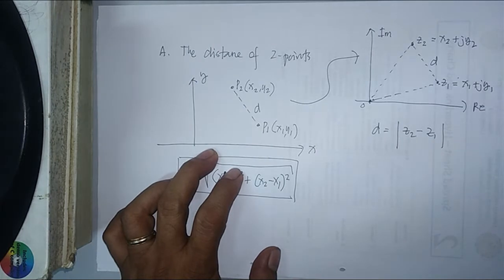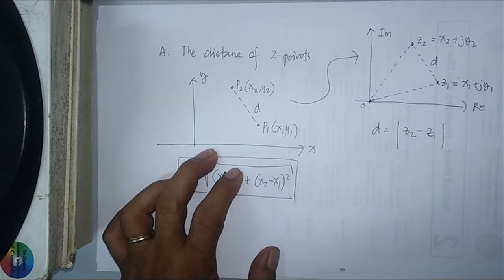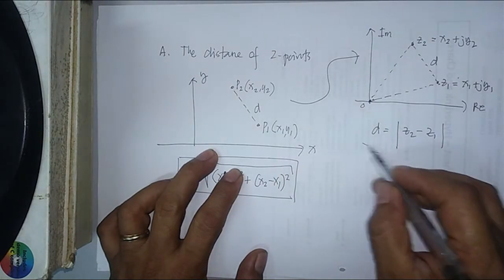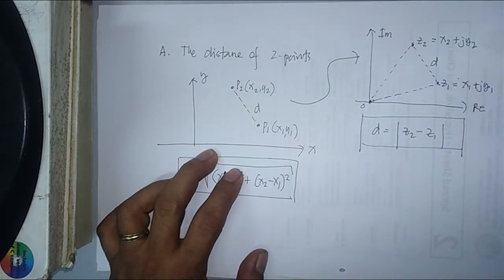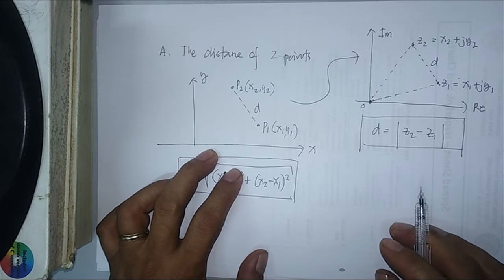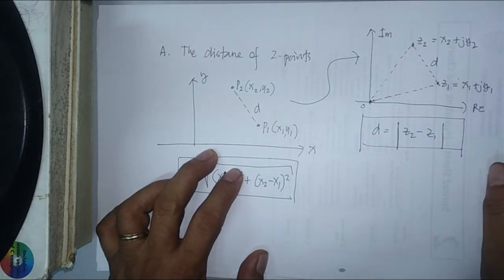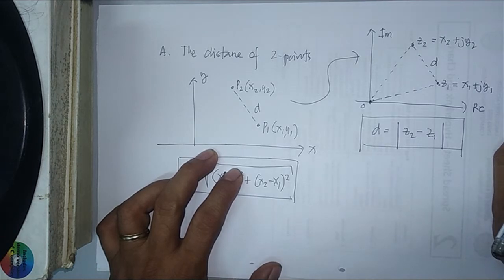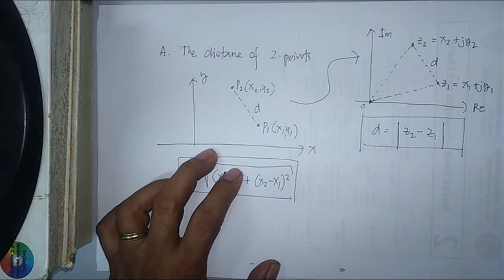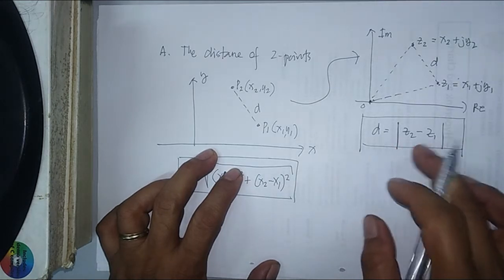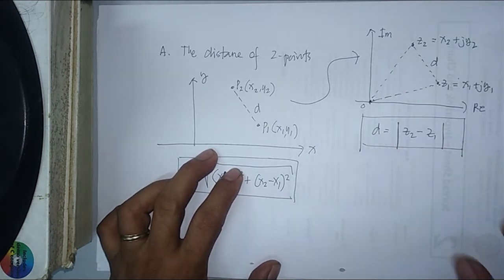Try to go back to your first lesson and review the distance. Take note, this is the distance between 2 points, and the 2 bars here are your absolute value sign, which refers to the magnitude of the difference between Z2 and Z1.